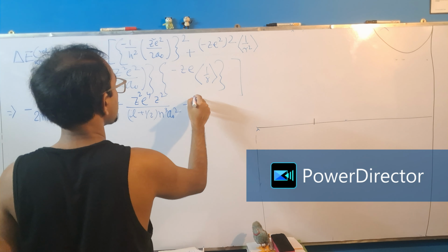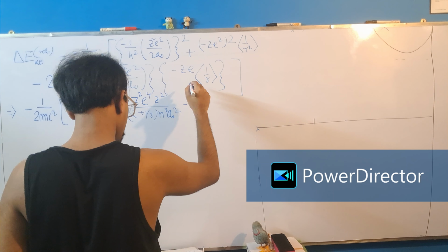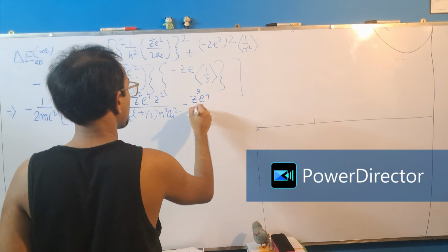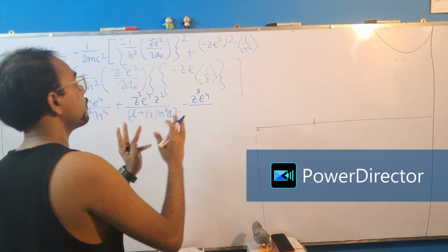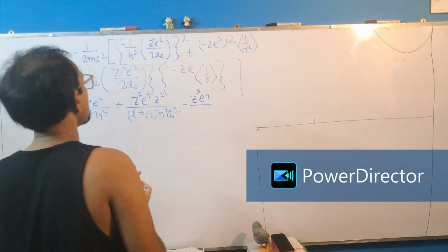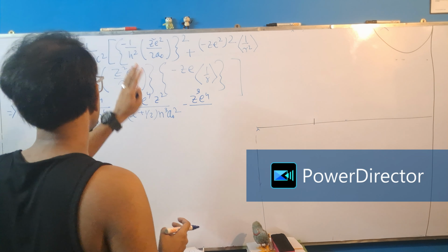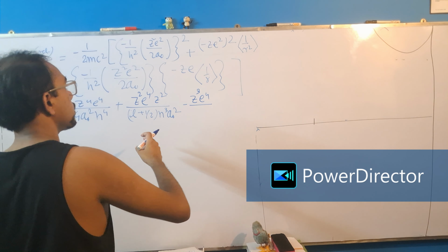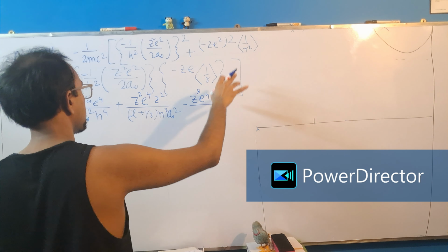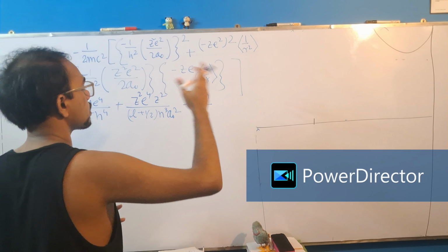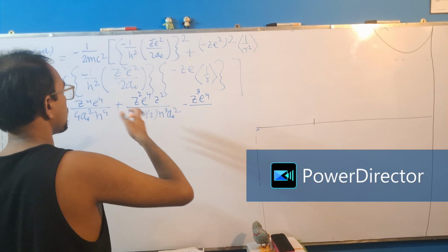So Z cube e to the power 4. I'm not multiplying everything all at once because I know that all of these figures can get a little bit messy. So it's very important that you pay attention to each and every term and from where the minuses are getting cancelled and all.